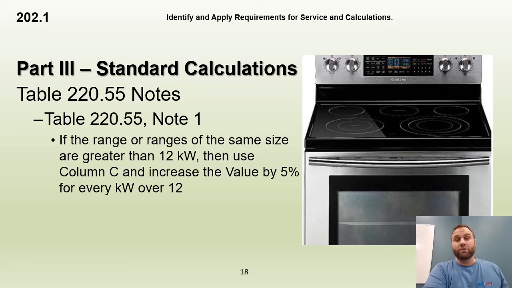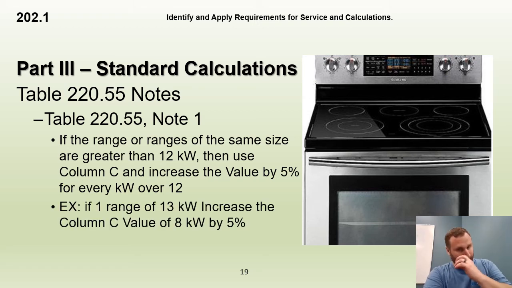Well, yes and no. Yes, I can still use column C, but I've got to increase the number found in column C by 5% for every kilowatt that my range is rated at over 12. So up through 12, yep, I can use column C. That's my maximum output, or my maximum kW that I have to include in my service. But if it's greater than 12, then I take what I find in column C and I increase that by 5% for every kW that range is rated over 12.